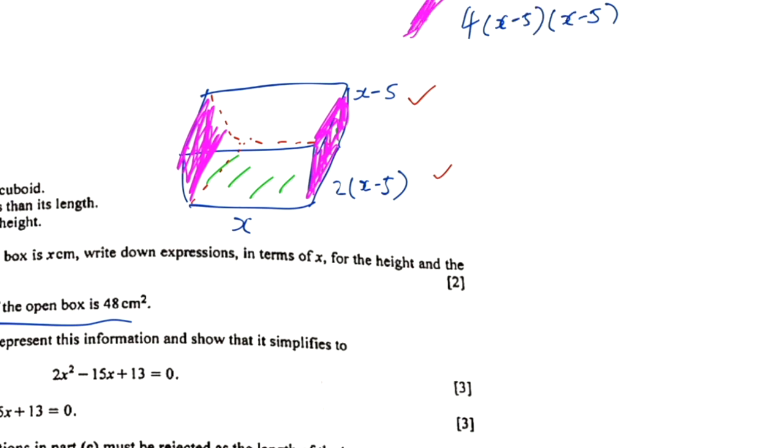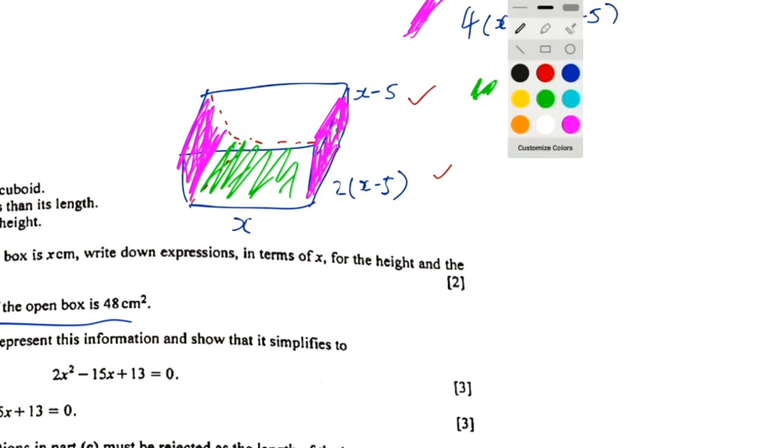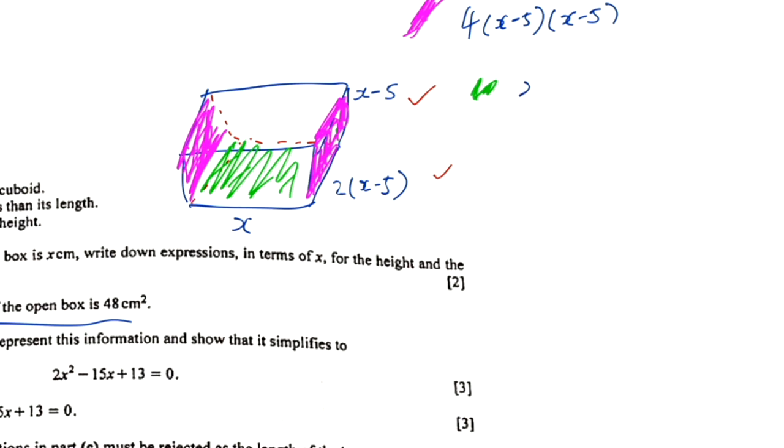Next, let's talk about the green color, the base. What is the area of the base? x times 2x minus 5. Correct? The base. Is it okay?